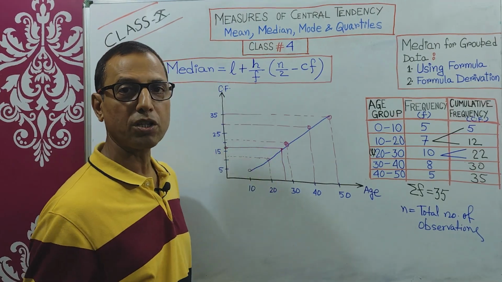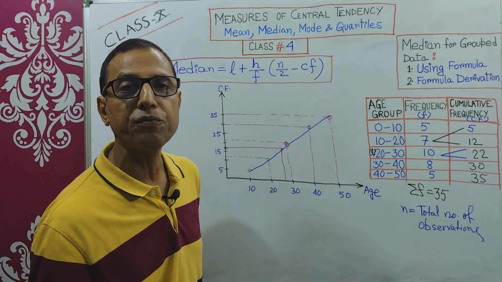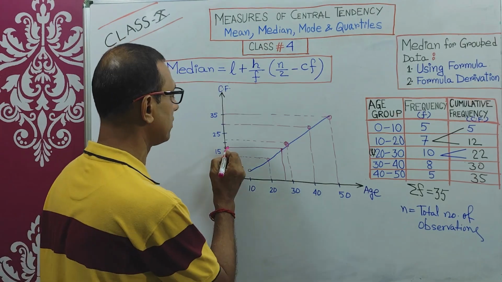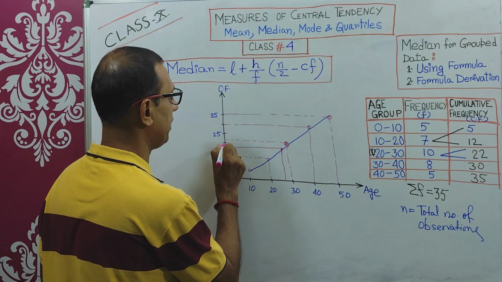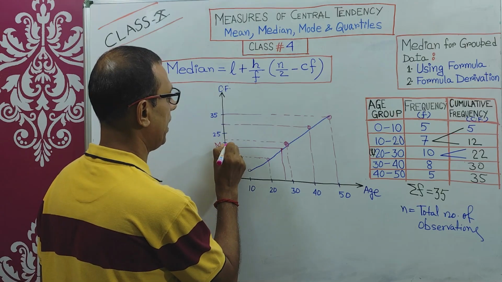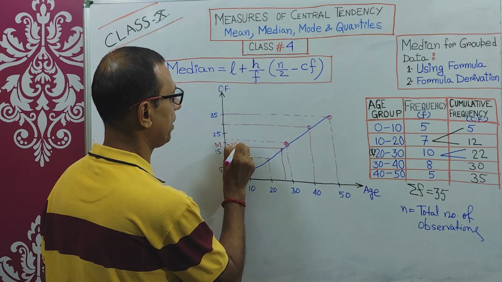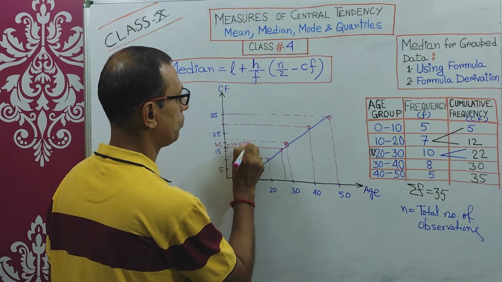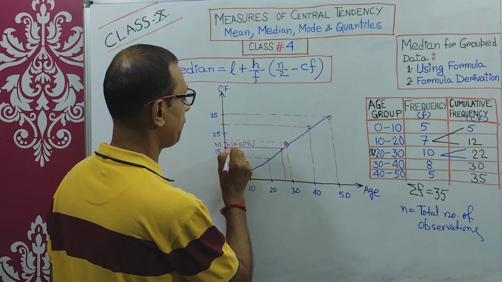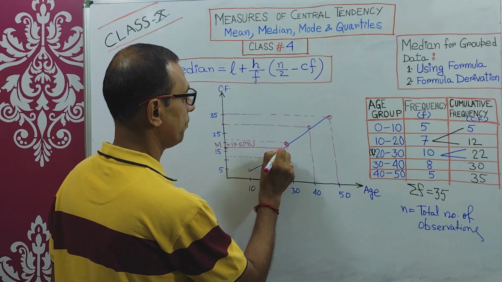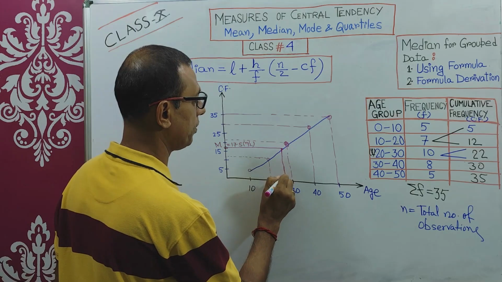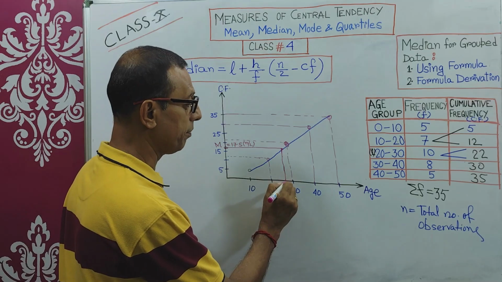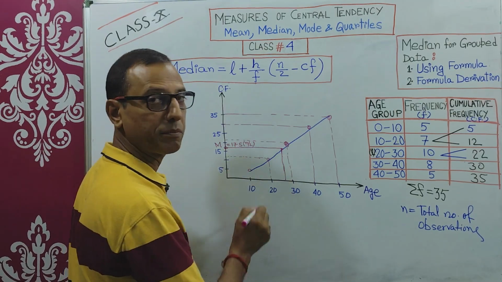If you find the position of the median, then the observation value at that position is the median. So this is my median position M, which is 17.5, that is N by 2. Now if I find the respective value along the x-axis, that will be the actual median.